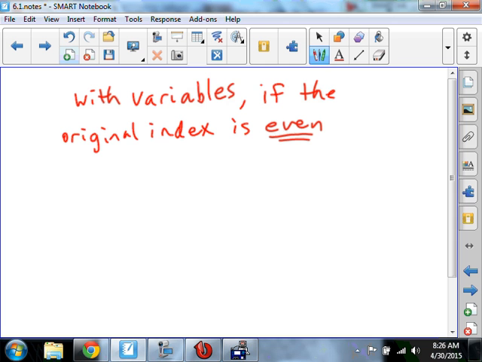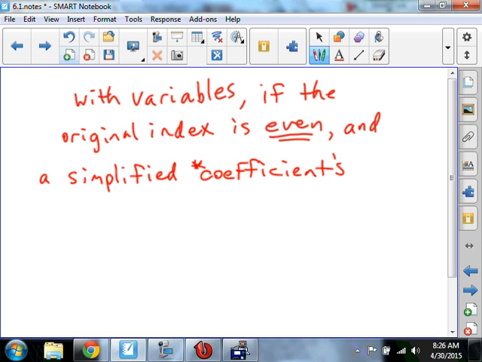With variables, if the original index is even and a simplified coefficient's variable has an odd exponent, I know this sounds like a lot, and it'll make perfect sense once we look at an example.